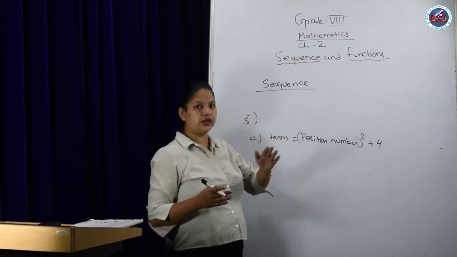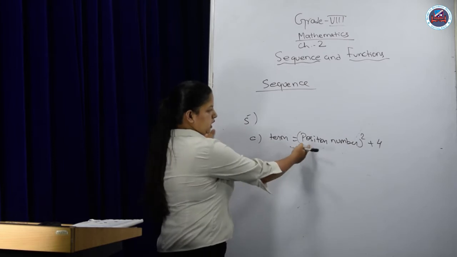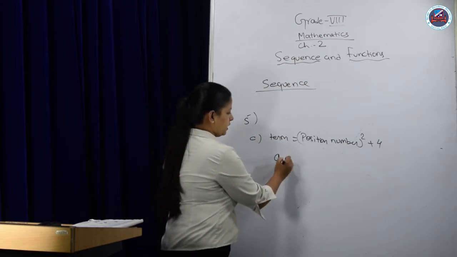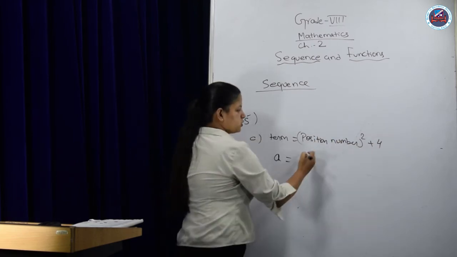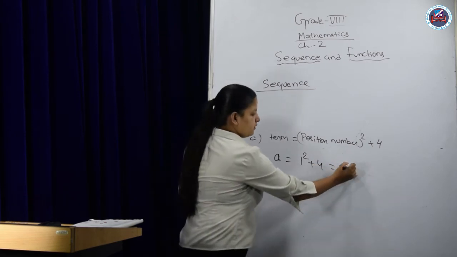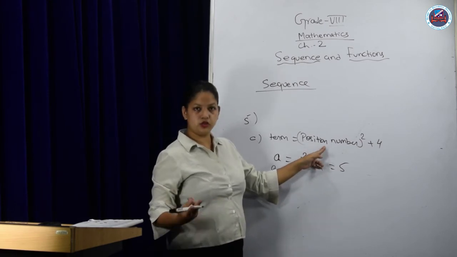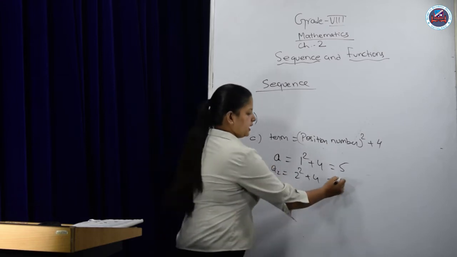Now what we are doing, like before, we are following a non-linear sequence. So here you have to find the first 4 terms. The first term: the first position has to be 1, its square plus 4. So 1 square 1 plus 4, 5. Now the second term, position has to be 2. 2 square plus 4, 4 plus 4, 8.